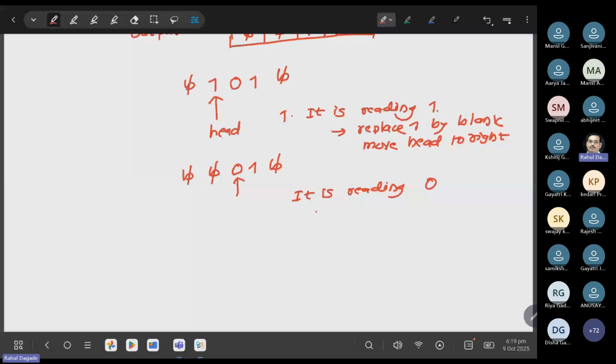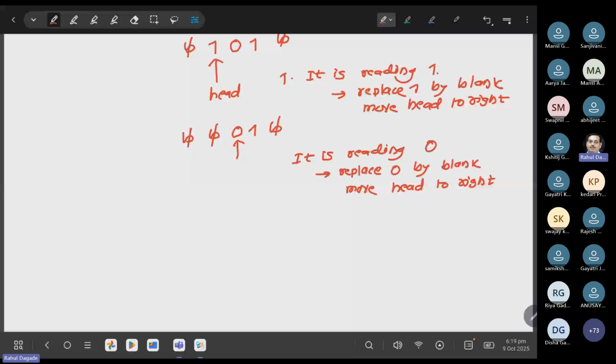It has to replace 0 by blank and move the head to the right. Okay, so what will be our output after this step? After this step, our output will be blank, blank, 0 is converted into blank, and then 1, the head is here, and blank.